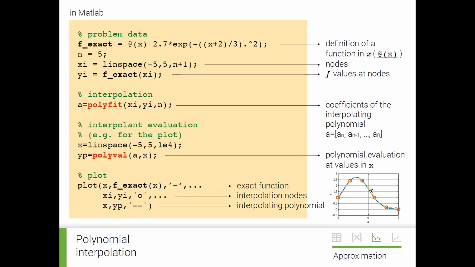The circles give us the 6 evaluation points, 1, 2, 3, 4, 5, 6. Then the polynomial evaluation function yp is the dashed line, in yellow.